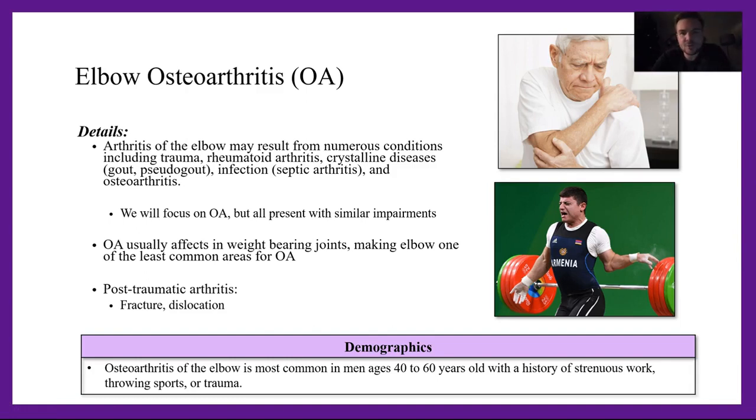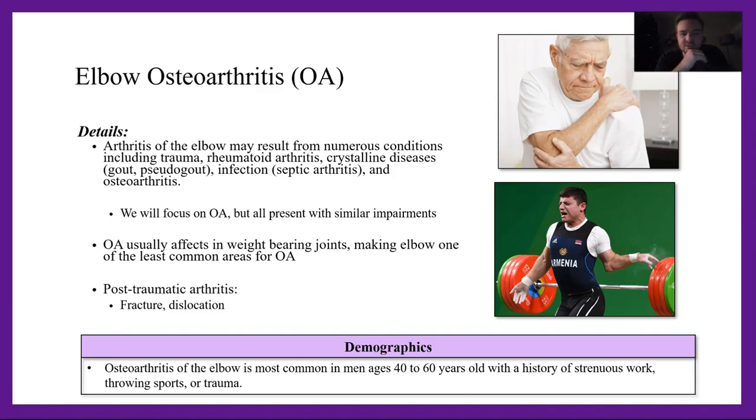It may result from numerous conditions, including trauma, rheumatoid arthritis, crystalline diseases like gout or pseudogout, and those are more on the rheumatoid side of things, to the osteoarthritis side. Infection, and of course osteoarthritis are all types of arthritis of the elbow. And so we'll focus in on OA.